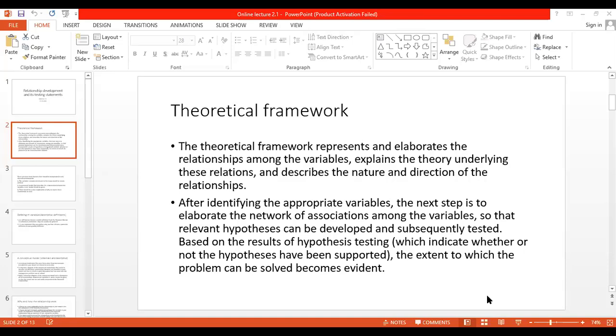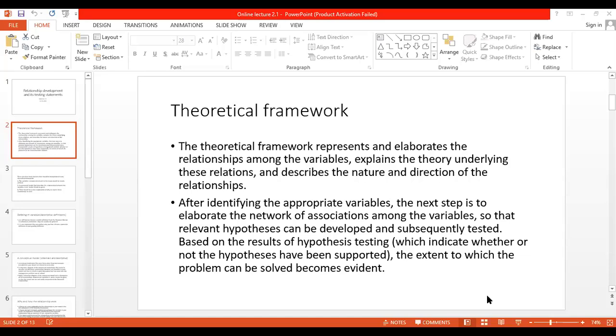A conceptual model is required to give the outlook of the concept you are going to test, or the variables you are going to test. The reason for the conceptual model is to represent the logical relationship of the variables. So, what is a theoretical framework?